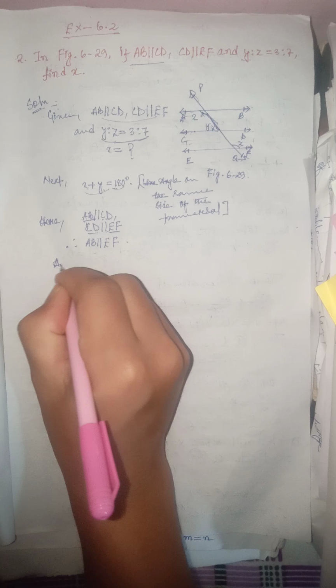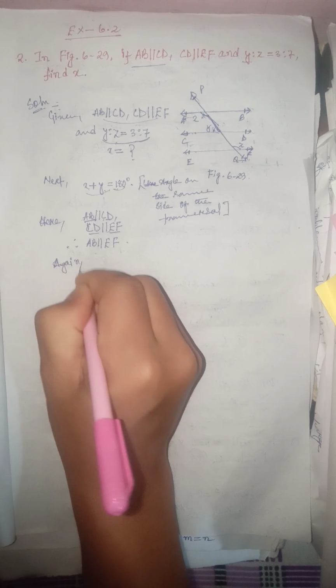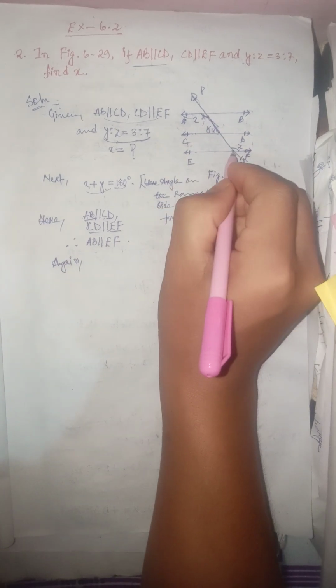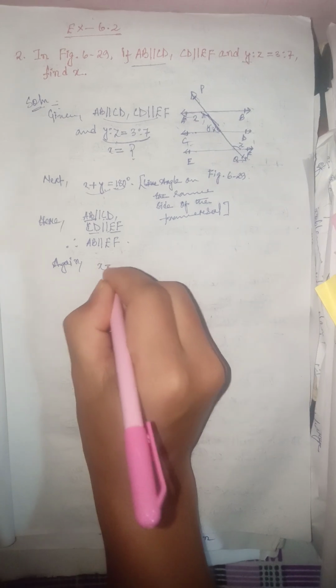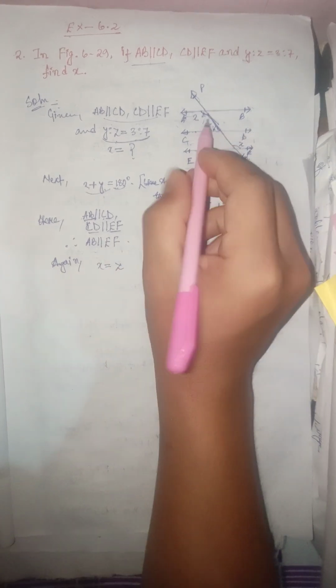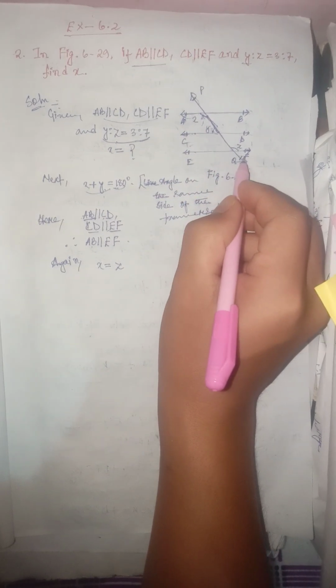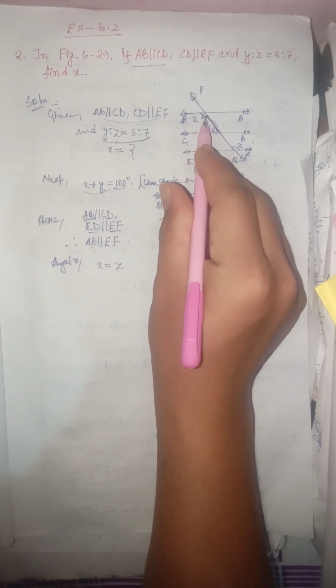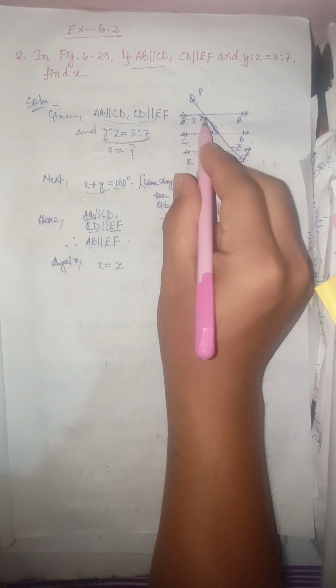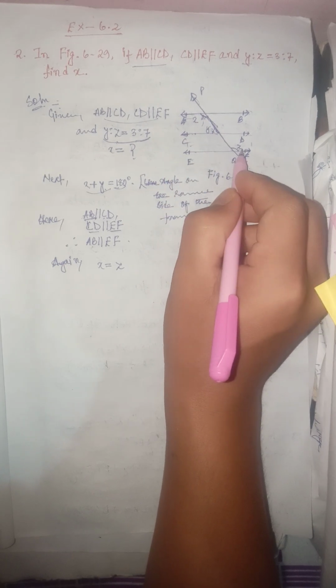Then after that, let's move to the next, which is X and Z. Now X and Z should be equal. The reason is that since AB is parallel to EF, in parallel lines, if there are alternate angles, then those alternate angles should be equal.